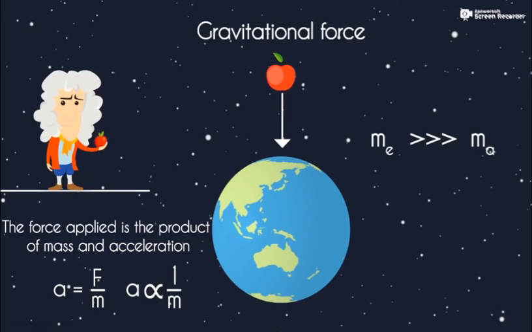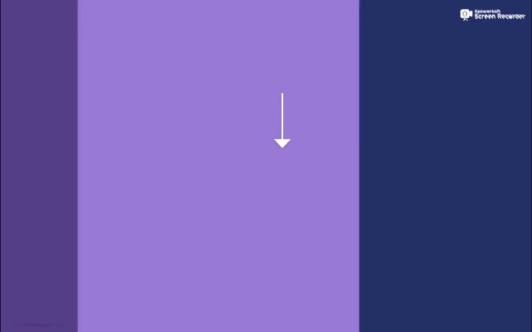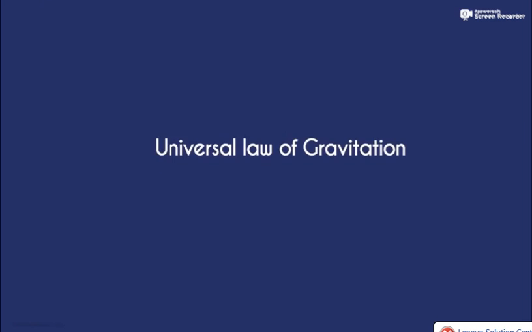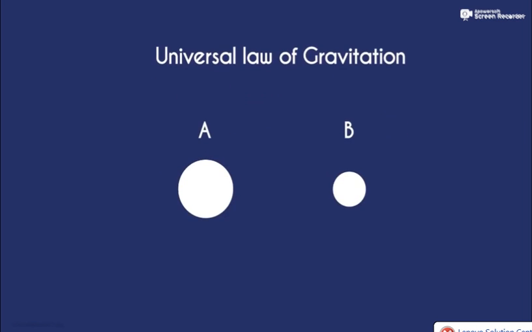Now, the question arises, how do we quantify this force? To understand this, we need to understand a simple concept, and this concept is known as the universal law of gravitation. So now, say there are two objects A and B separated by a distance d.